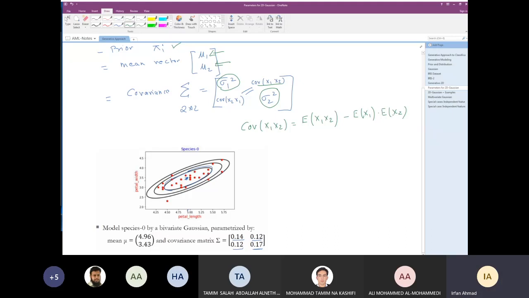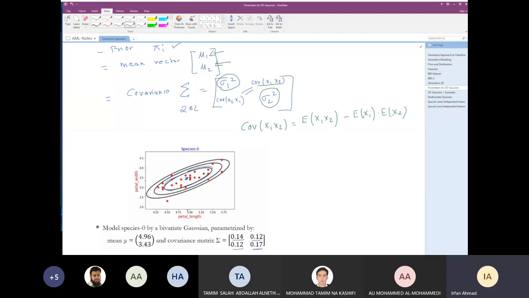Just to take some examples, to make sure we understand what we are speaking about. Again, covariance of x1 and x2 is modeling the dependence, because these features might not be independent of each other, right? So for example, think about a person's height and weight. Let's assume we are doing some classification and we are using height and weight of a person as two features. But we also know that height and weight are not totally independent.